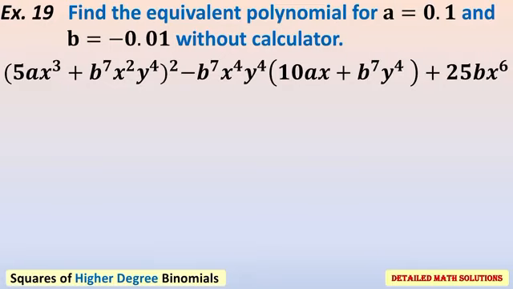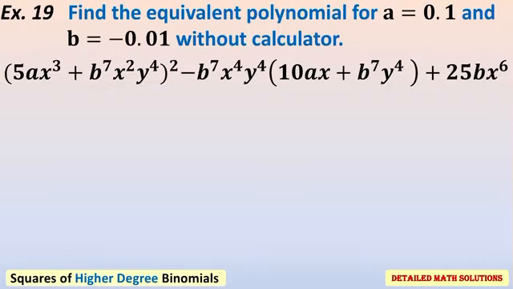To solve this exercise, I'm going to simplify this polynomial, and then I will substitute a with 0.1 and b with negative 0.01. To simplify the first term of this expression, I need to apply the formula for binomial square.